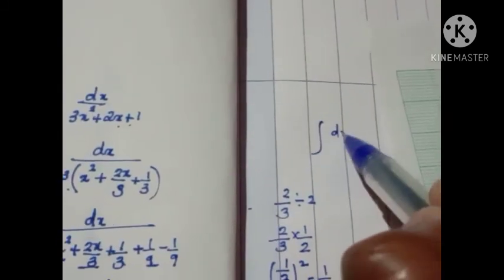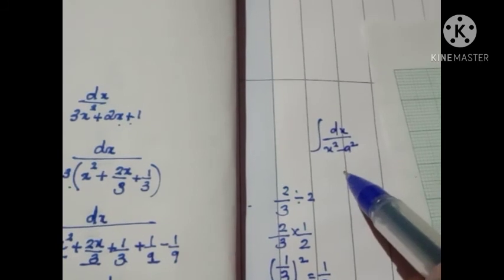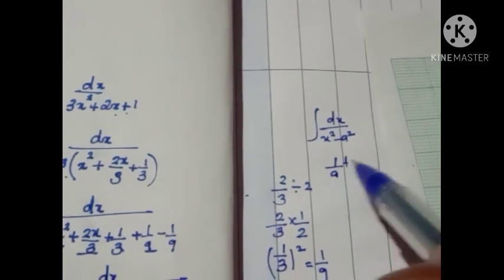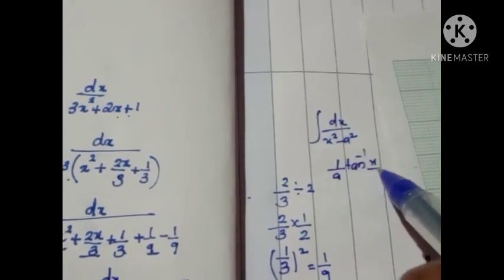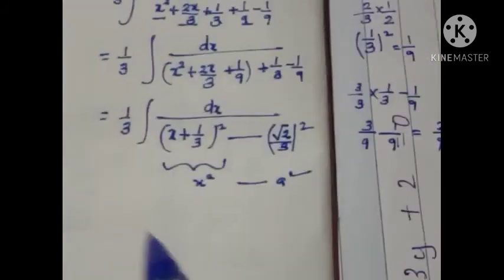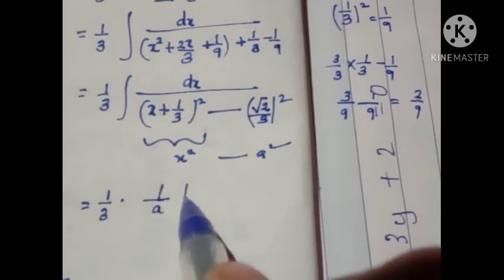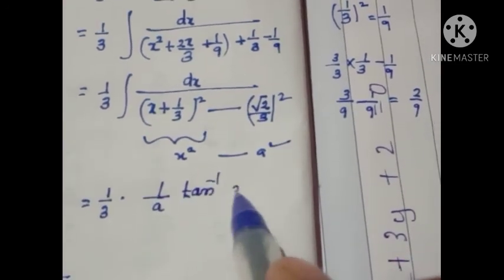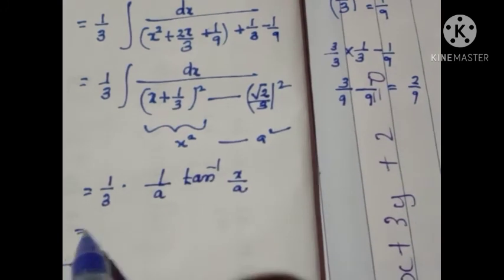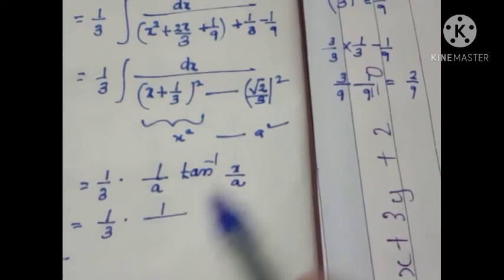So integral of the form dx by (x² + a²). What is the result? It is 1 by a tan inverse x by a. So this is 1 by 3 into 1 by a tan inverse x by a.